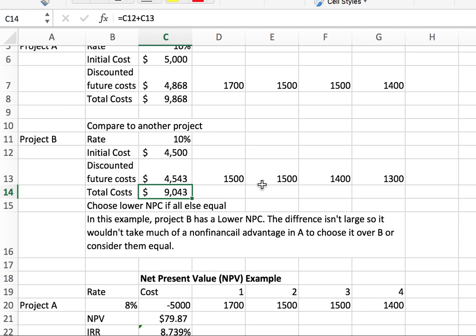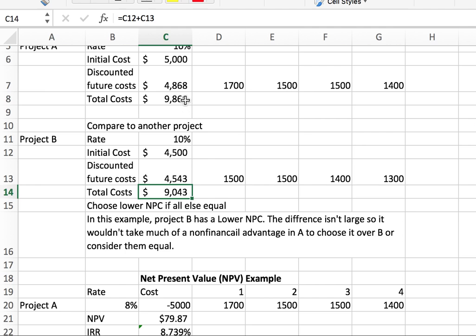Well, the way I put this into words, and you can put it in the words that come to you, but what I'm really saying is, in this example, project B has a lower net present cost. The difference isn't so large that it would take much of a non-financial advantage in A to choose it over B, or consider them at least equal.